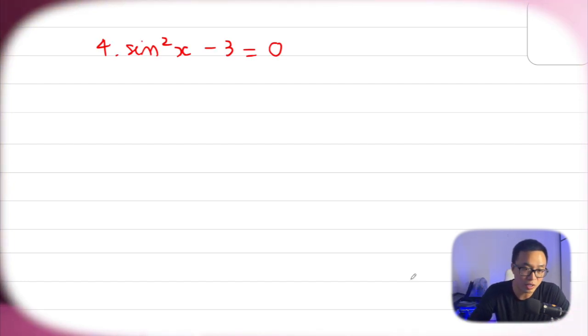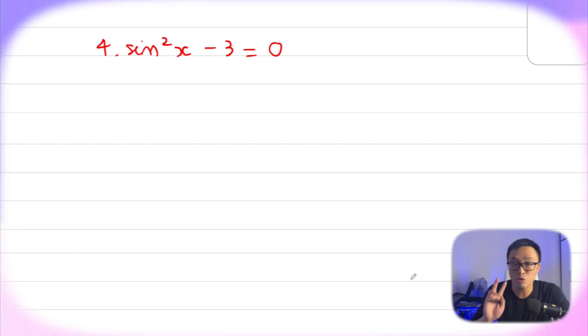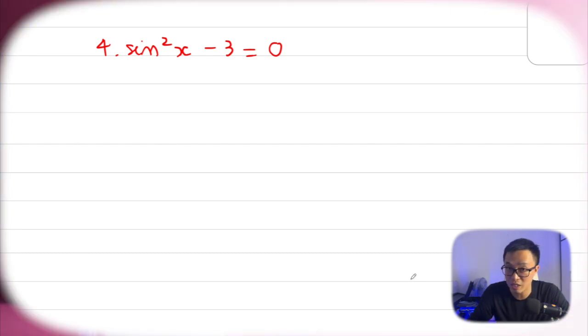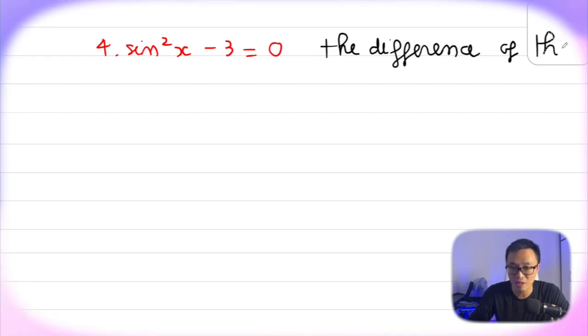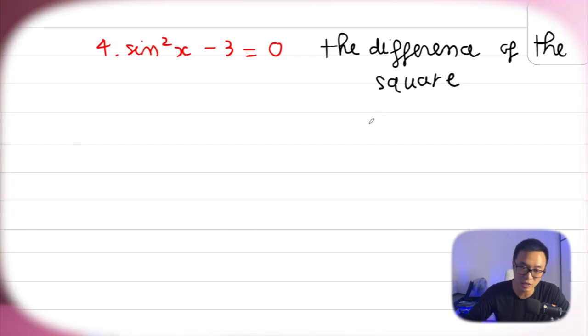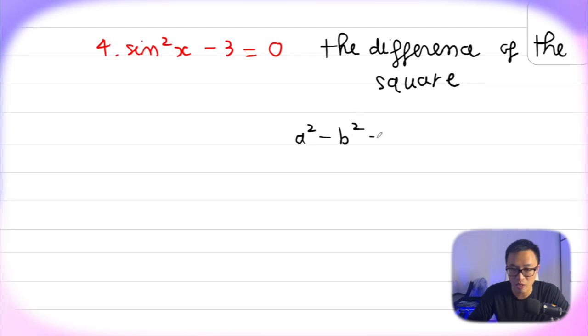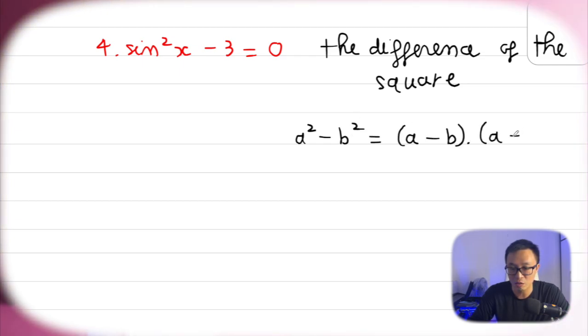And how about this? I have two ways of solving this equation, and I hope you can understand all of them. The first way I can use for solving this one is the difference of squares. What does it mean, the difference of squares? You can look at this one. A square minus b square equals a minus b, and then a plus b.